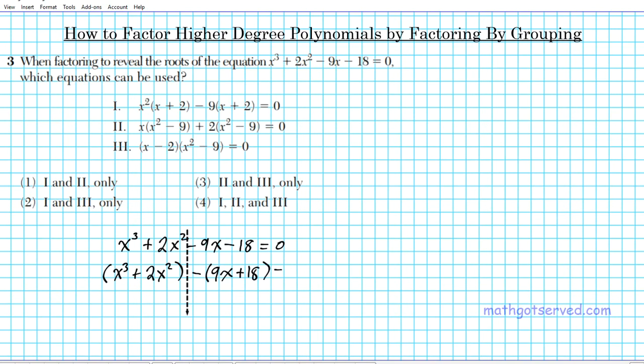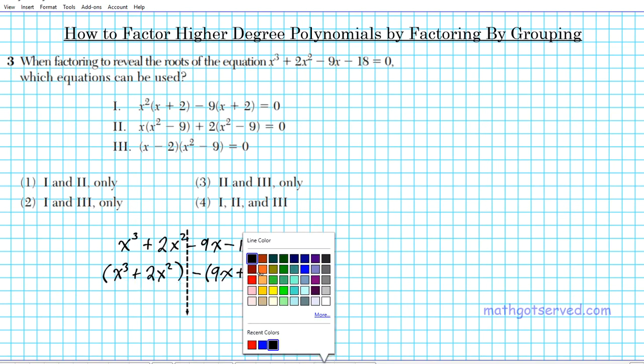Anytime you have a negative in the center when you're factoring by grouping, you want to proceed with caution. Make sure that you invert the signs when you pull out a minus. So we're going to go ahead and factor out the GCF.